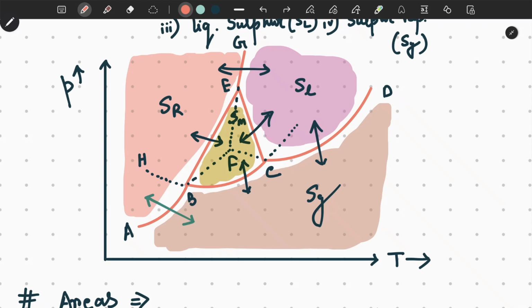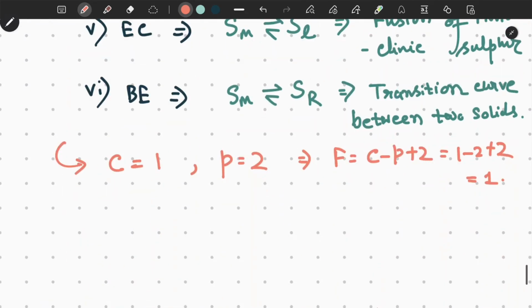Since there are four states and a transition occurs between two states, it will be 4C2, 4 factorial by 2 factorial times 2 factorial, so 6. That's why you obtain 6 transitions, 6 curves. Before it was 3C2, 3 factorial by 2 factorial, which is 3, so you obtained only 3 curves. Is it clear? Yes.